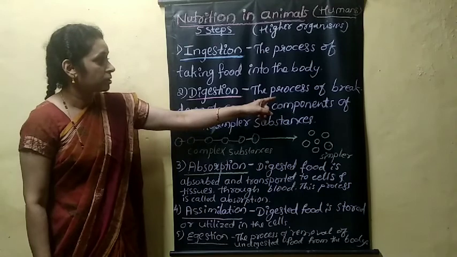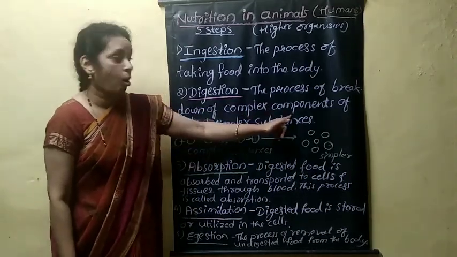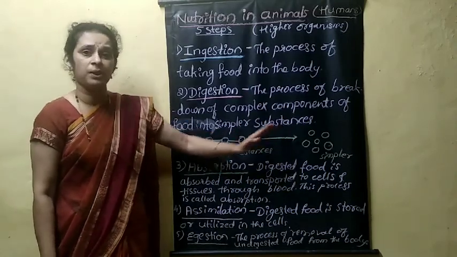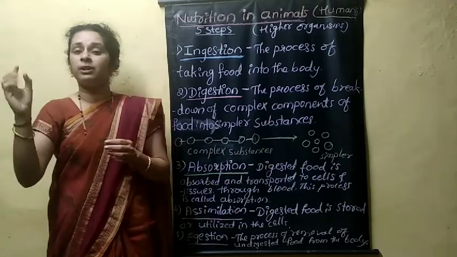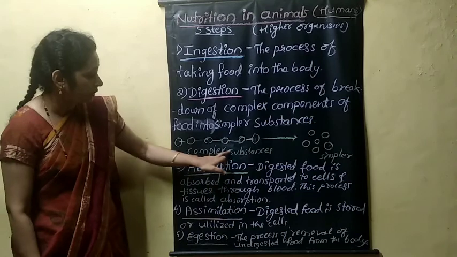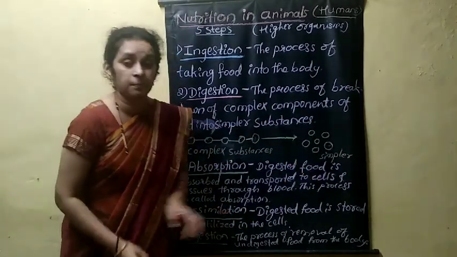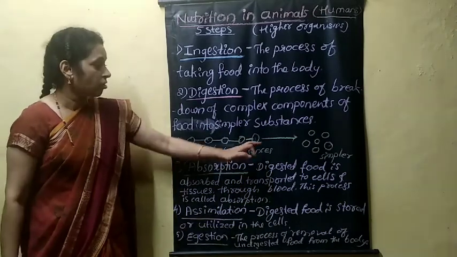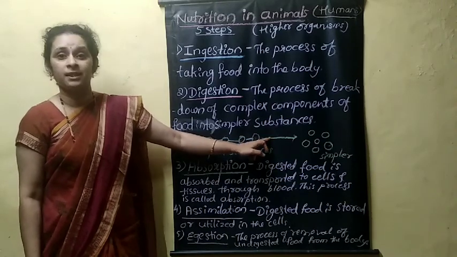Digestion means the breakdown of complex components of food into simple substances. If it is a big molecule of food, it should be converted into small pieces of food. It is a complex substance that should be converted into a simple form of food particle. That process is called digestion.